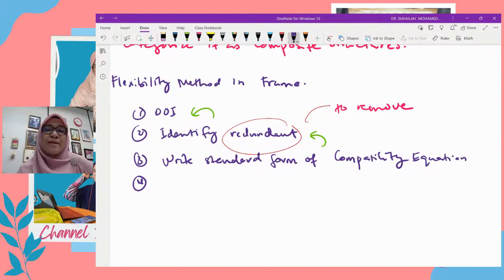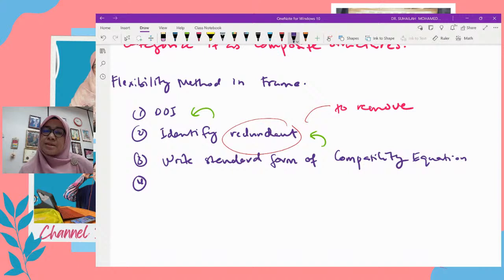Why do we need the compatibility equation? Because when we solve it, we get the redundant. So what is inside the compatibility equation?